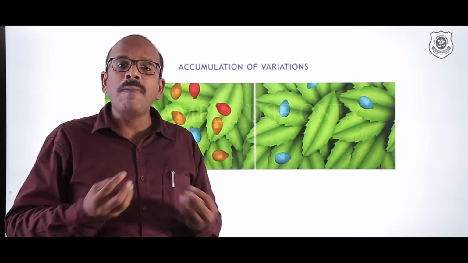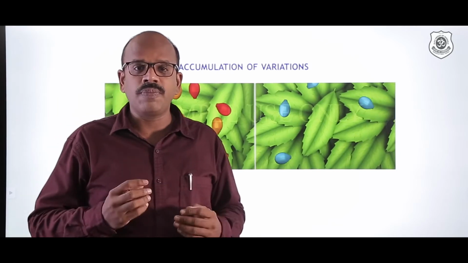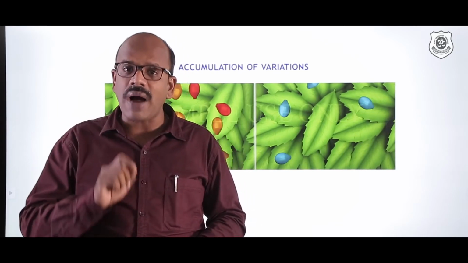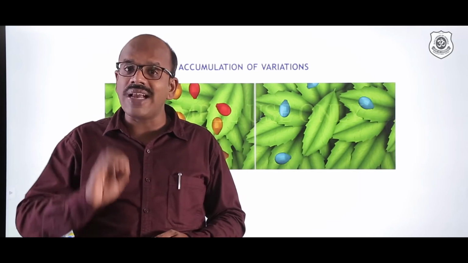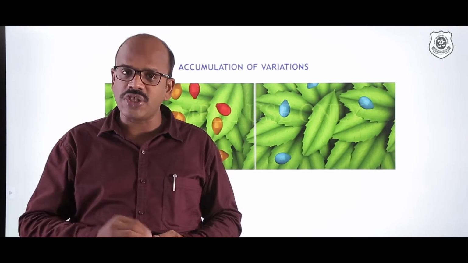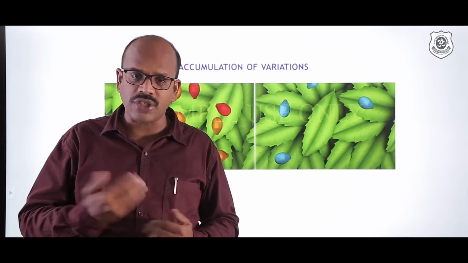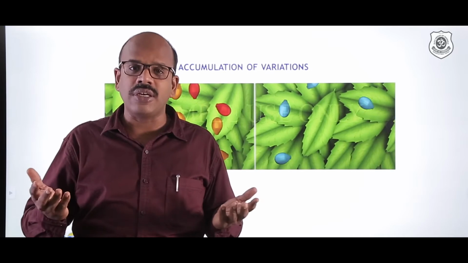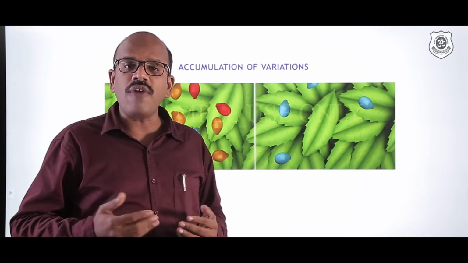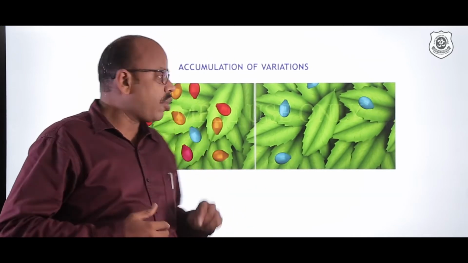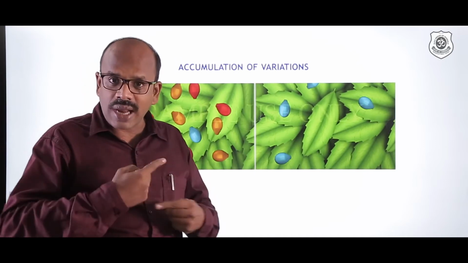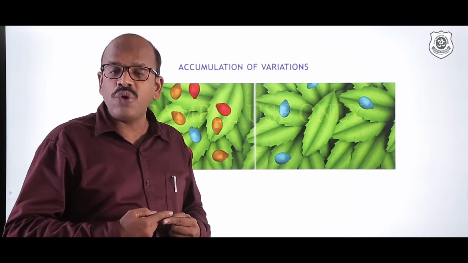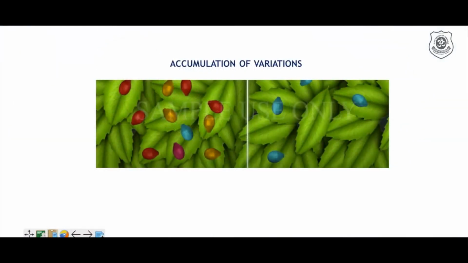Many characters may pick up variations, and we all know very well that any variation that has some adaptive value only will get settled in the population by the process of reproduction. If they don't have any adaptive value, that will be eliminated subsequently in the process of natural selection. So now new variations are coming in, and those variations which have some adaptive value are going to get settled.